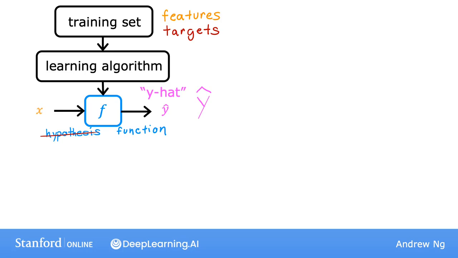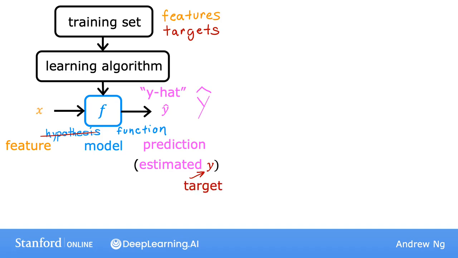The function f is called the model. x is called the input or the input feature, and the output of the model is the prediction y hat. The model's prediction is the estimated value of y. When the symbol is just the letter y, then that refers to the target, which is the actual true value in the training set.